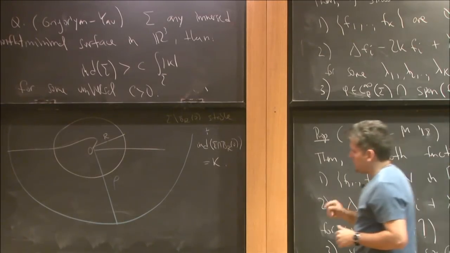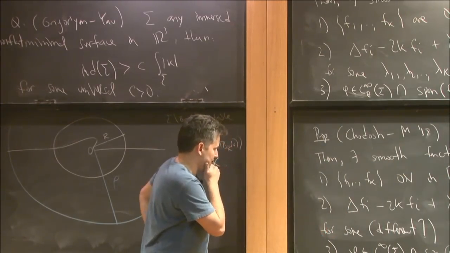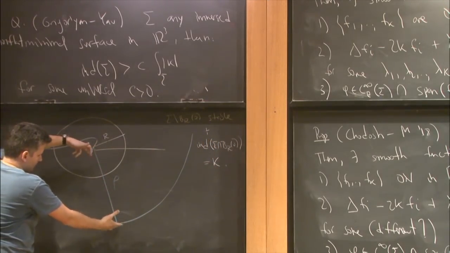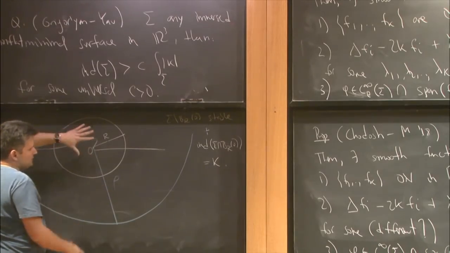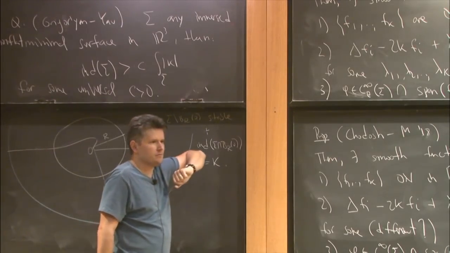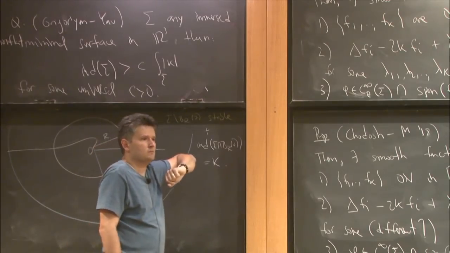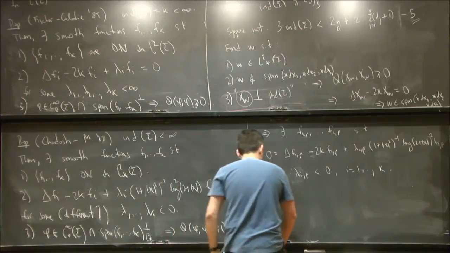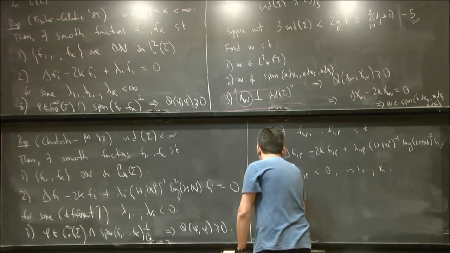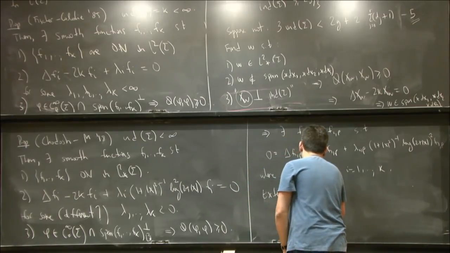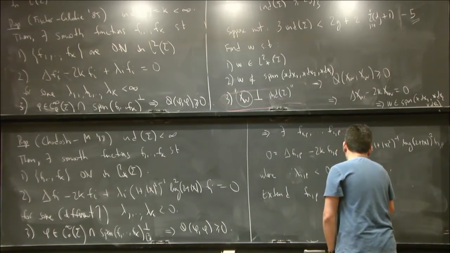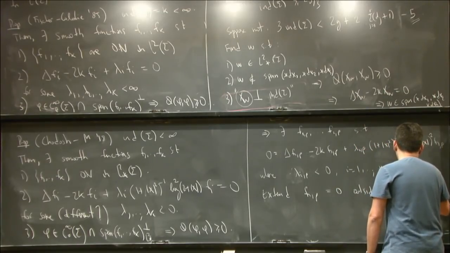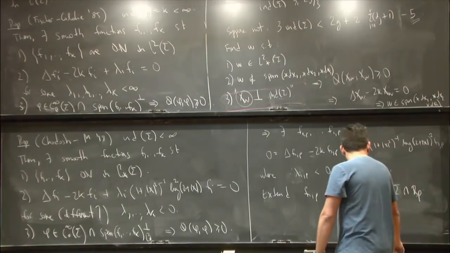Now, the other thing you have to worry about, and this is more serious, is that somehow I make this rho get larger and larger and larger, and these eigenfunctions, even though they have L2 star norm equal 1, right? All these guys, let's just extend them to be 0 outside this ball, sigma intersect the ball.